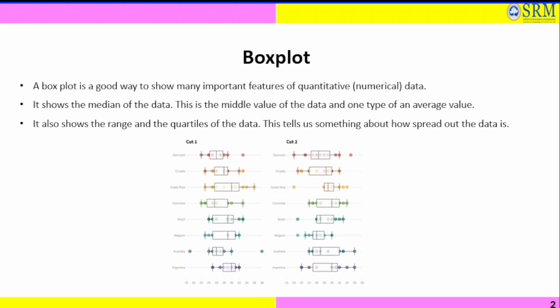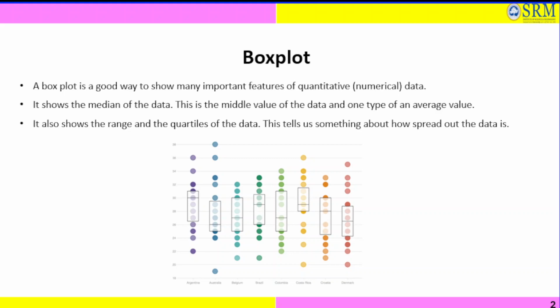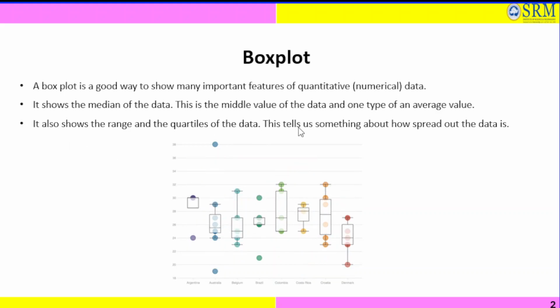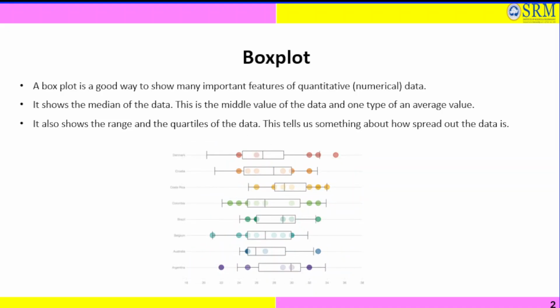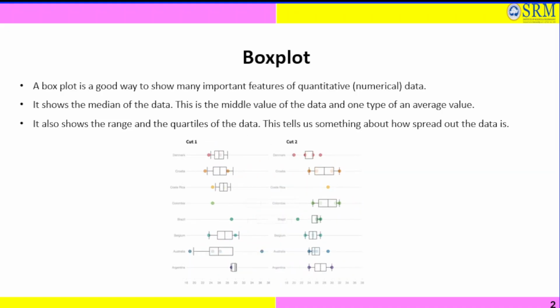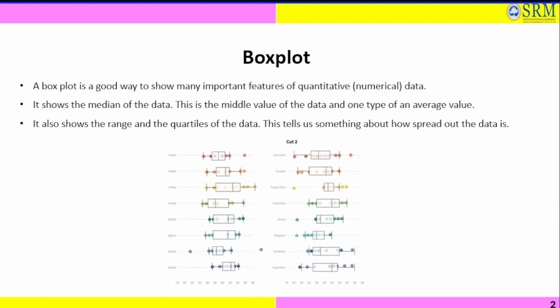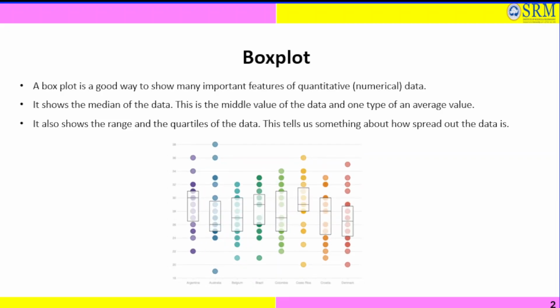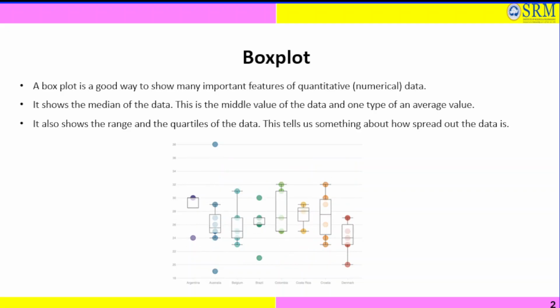And this box plot also illustrates the range. As you could see in the third point, it also shows the range and quartiles of the data, which tells us something about how spread out the data is. The range is the difference between the maximum and minimum values, and the quartiles divide the data into four equal parts.